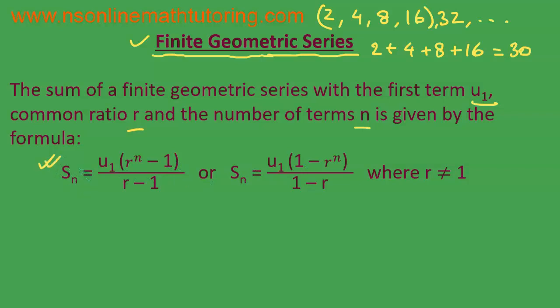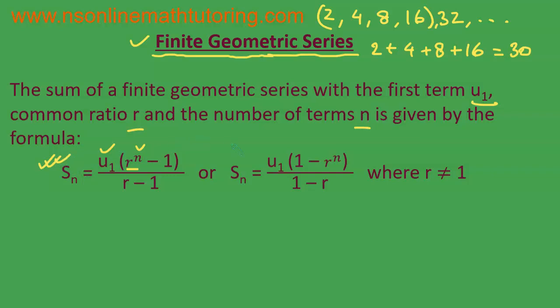Sn is the sum total of the first n numbers of a finite geometric series, which is equal to U1, the first term, times (r to the power of n minus 1) divided by (r minus 1). Here r is the common ratio, and n is the number of terms in the series of which we are interested in getting the sum total.